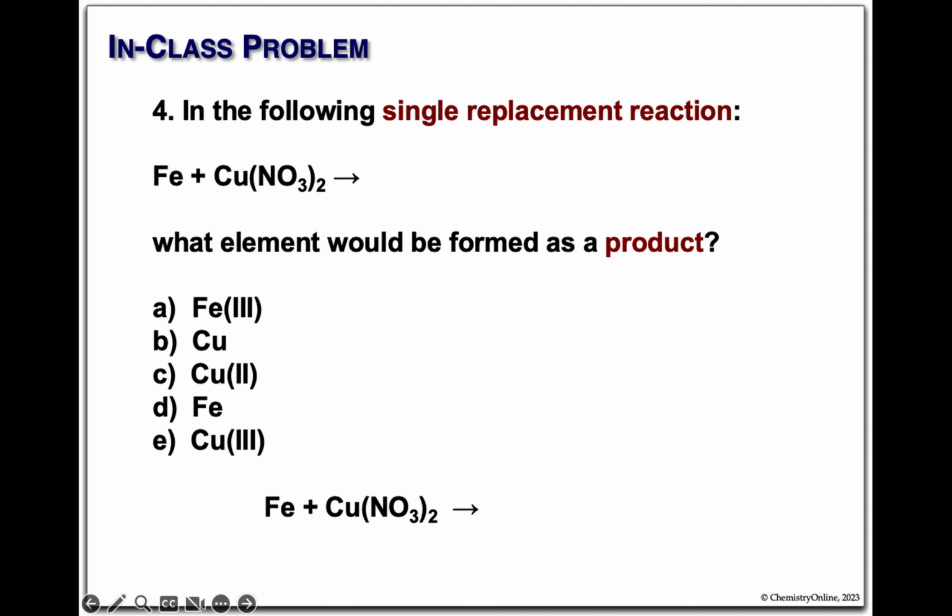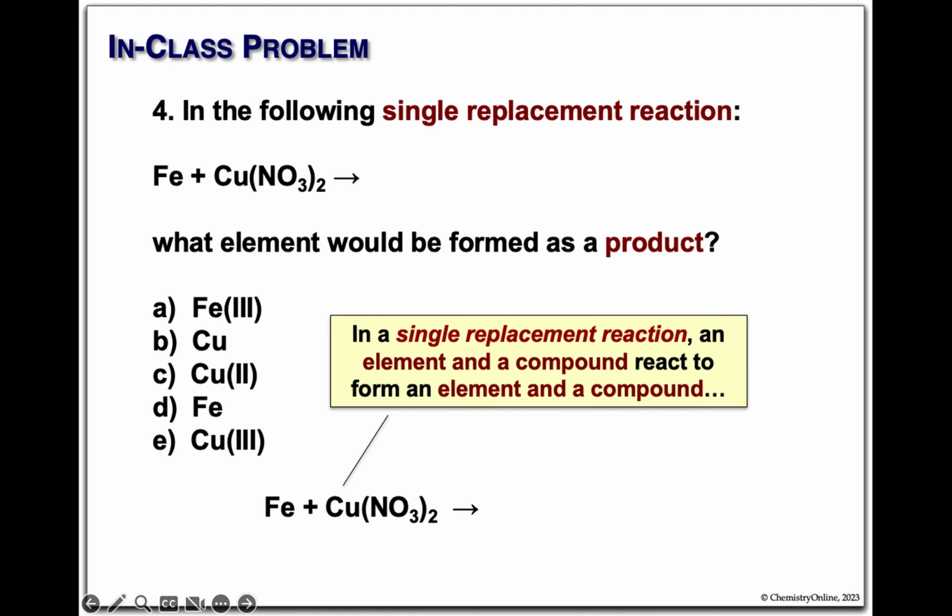The metal is going to replace the metal in copper 2 nitrate. That means that the element that's going to be formed is going to be copper. Element and a compound, element and a compound. Looks like this. Copper is the correct answer.